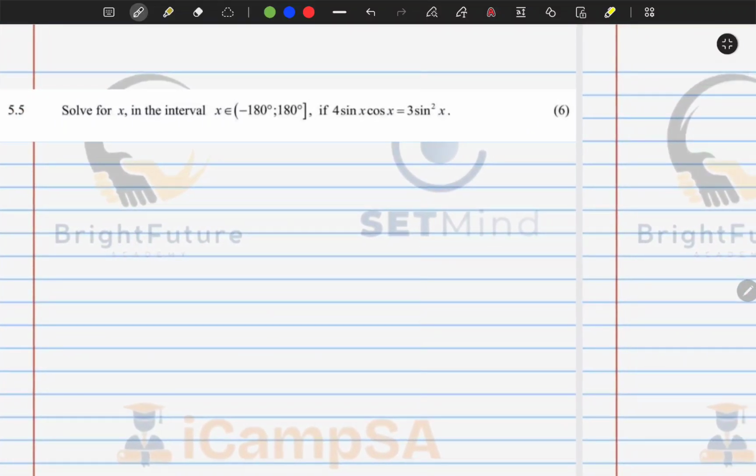So we are required to solve for x in the interval negative 180 to positive 180. Okay, so let's go ahead. We're given that 4 sine x times cos x equals 3 sine squared x.